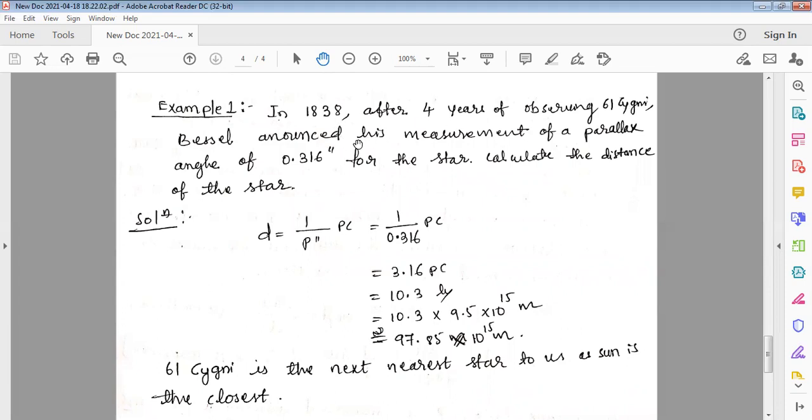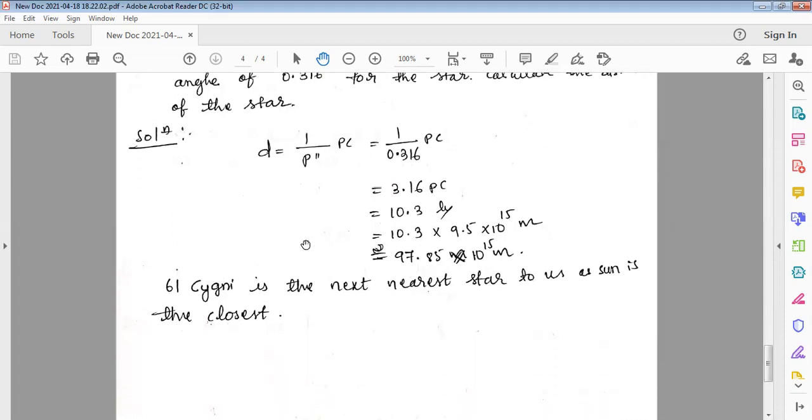He estimated the parallax angle for this star, and we can calculate the distance of the star.